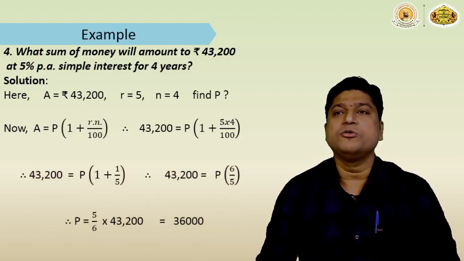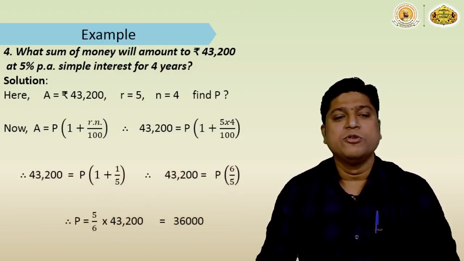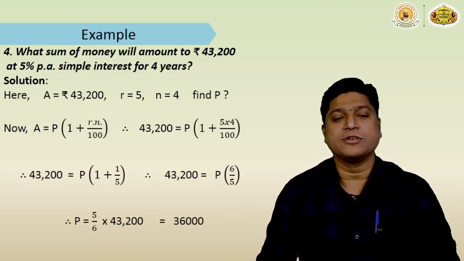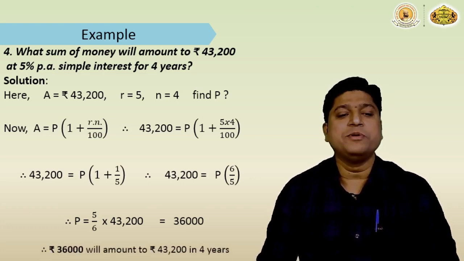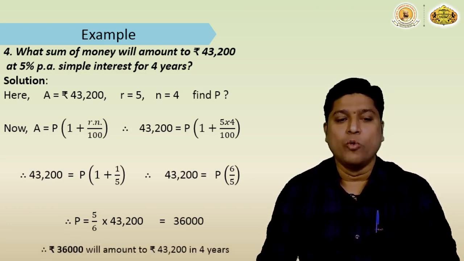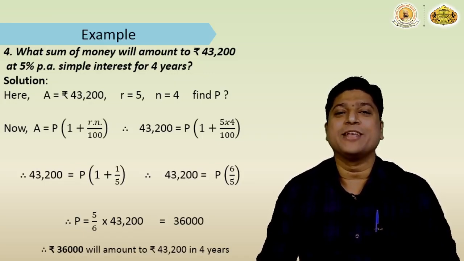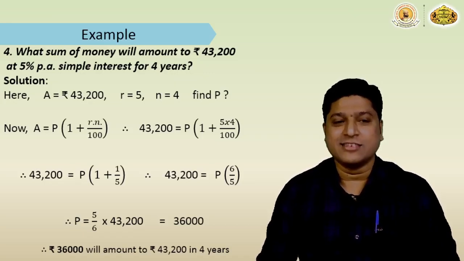P is equal to 5 by 6 into 43,200, and hence P is equal to 36,000. That is, rupees 36,000 will amount to 43,200 in 4 years. That means the sum is 36,000.